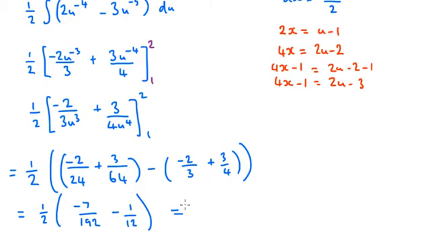So minus 7 over 192 minus 1 over 12, divided by 2 is minus 23 over 384.